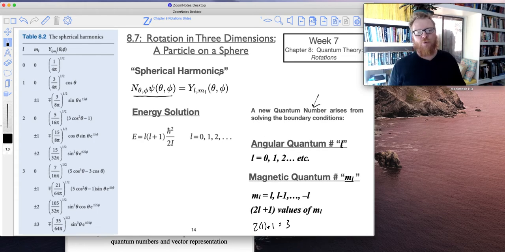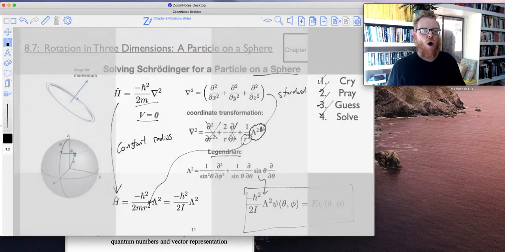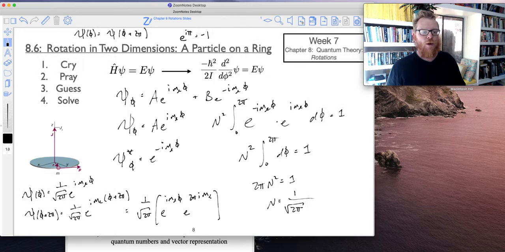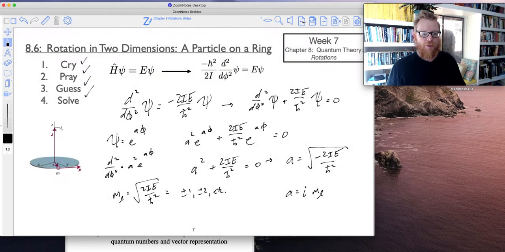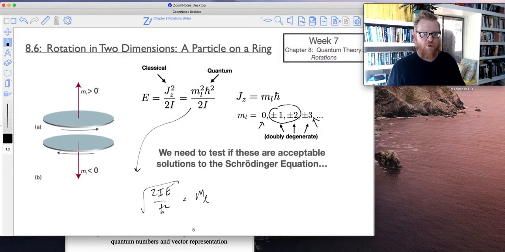So what else do we get from solving the spherical harmonic particle on a sphere? Well, we get the energy solution, and we actually get the energy solution in terms of quantum number L, which is cool. It becomes L times L plus 1 times h bar squared over 2I. So this h bar squared over 2I should be familiar, because recall when we did the particle on a ring, let me find that solution for energy.